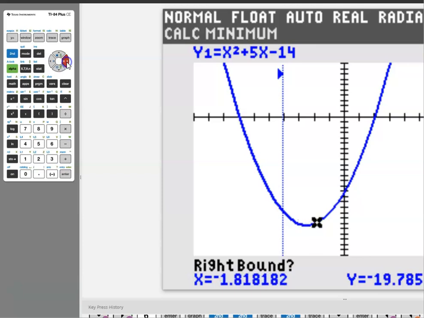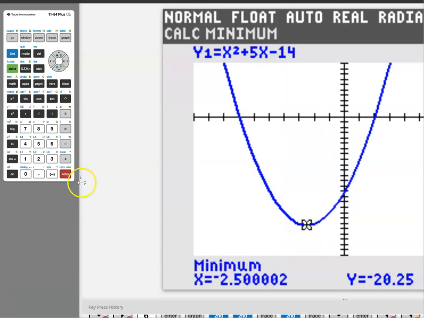Once I'm above the vertex to the right, I hit enter again. They want to guess. I say go. Here is your minimum. You can see you have some approximation. If you just took it to the nearest tenth, it would be -2.5, -20.3. Okay, that would be your coordinate pair.